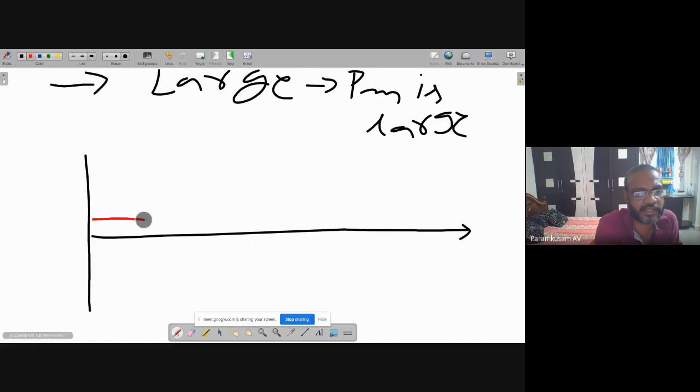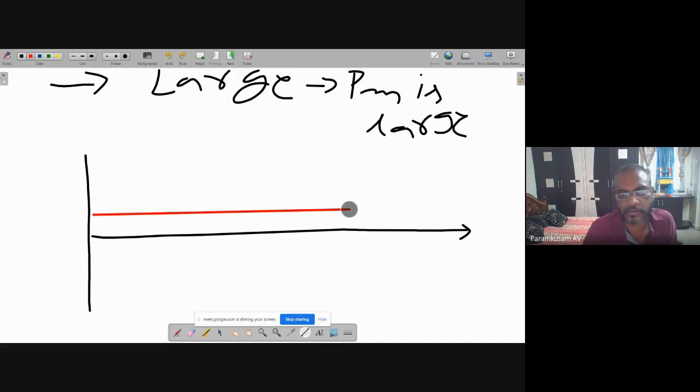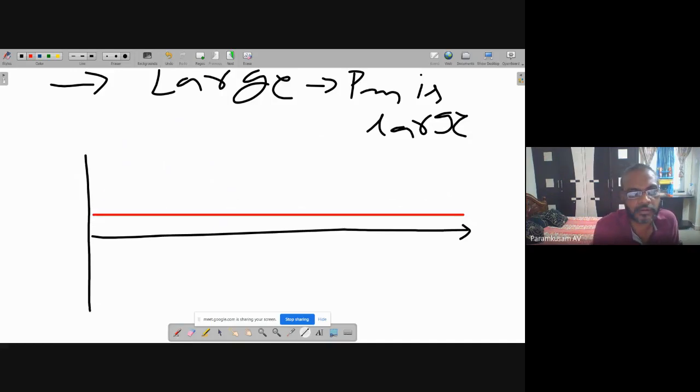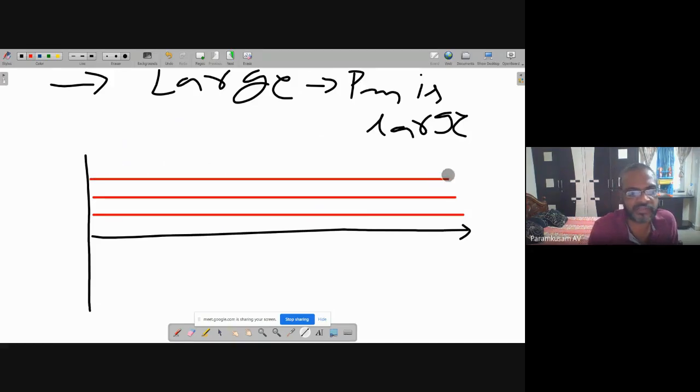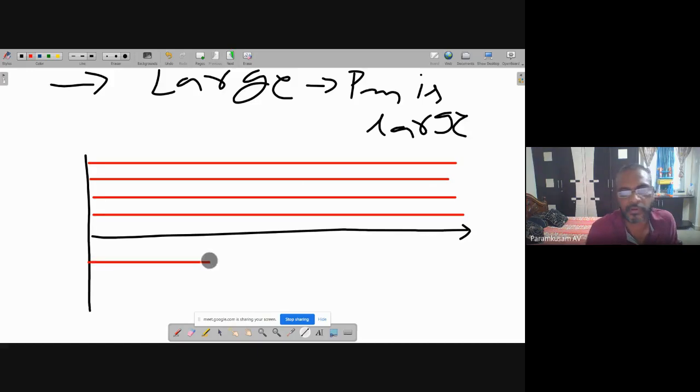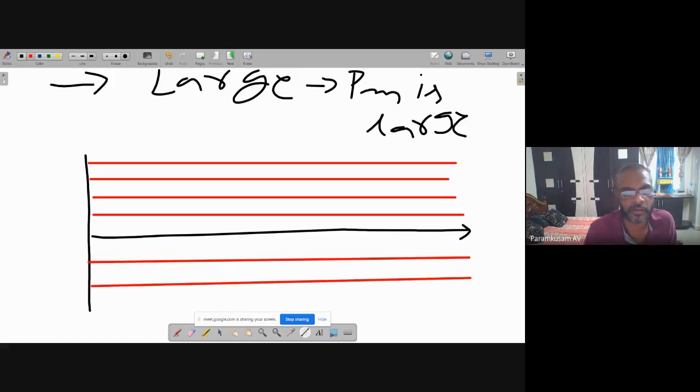Suppose these are the quantization levels, for example. Like many quantization levels are there. Suppose the signal is like this.